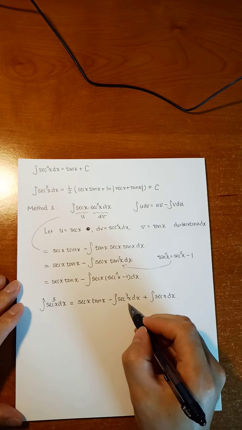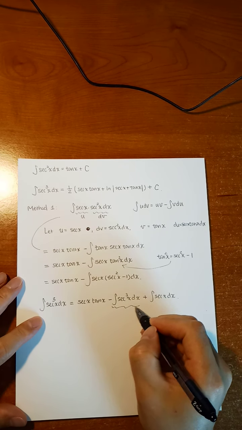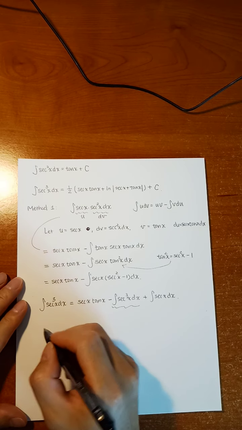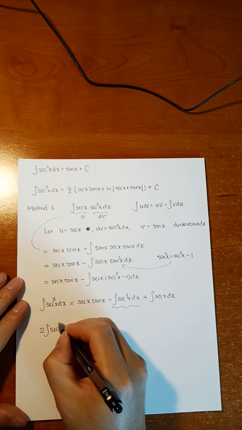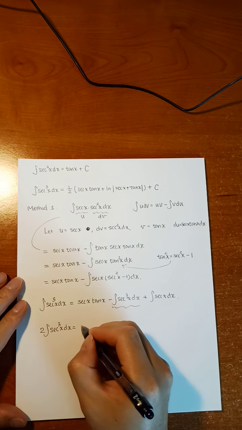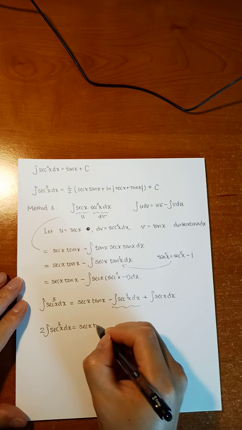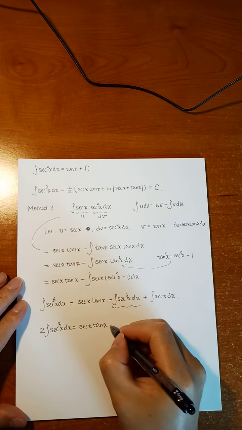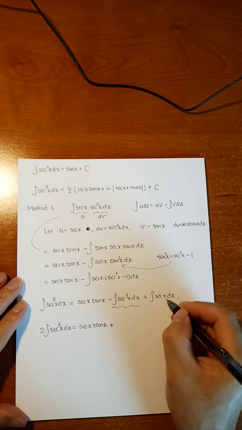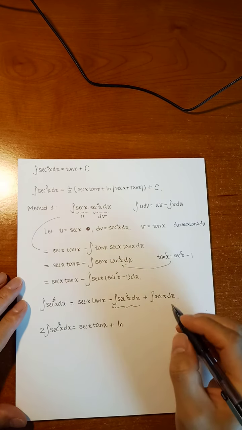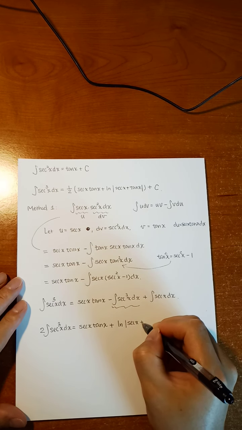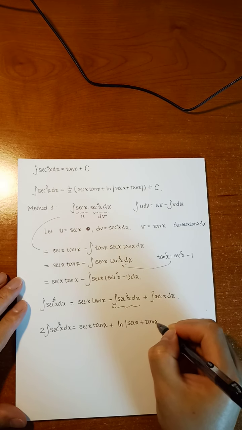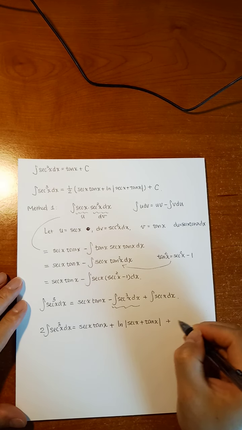See? And then we're going to move this term to the left-hand side, combine with the left-hand side. So you got twice the integral of secant of x cubed dx is secant of x times tangent of x, plus what's this? The antiderivative of secant of x, we just computed. It's natural log secant of x plus tangent of x, and then plus c.